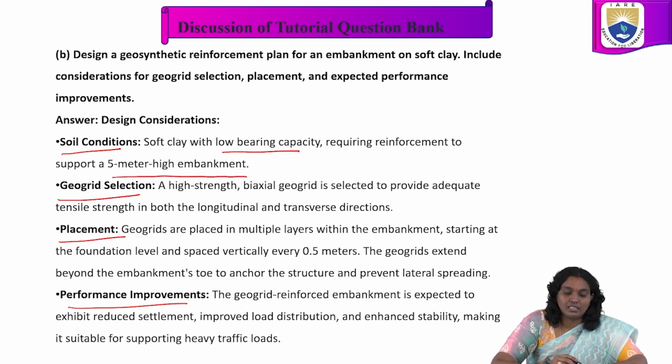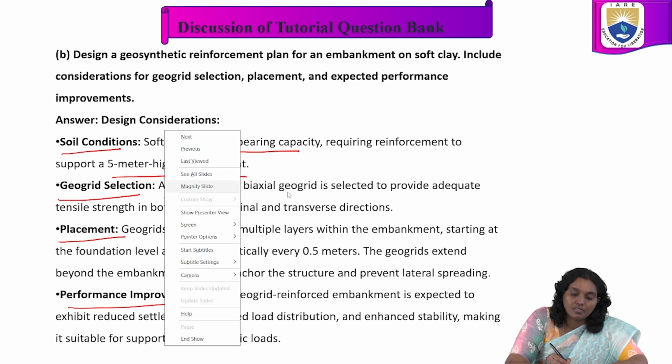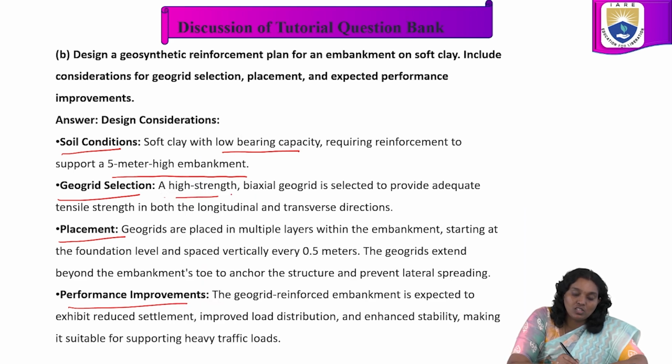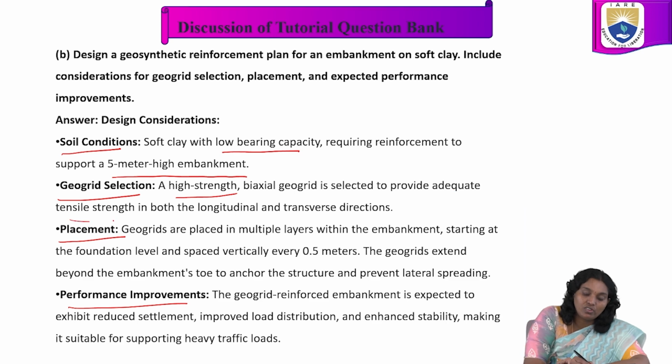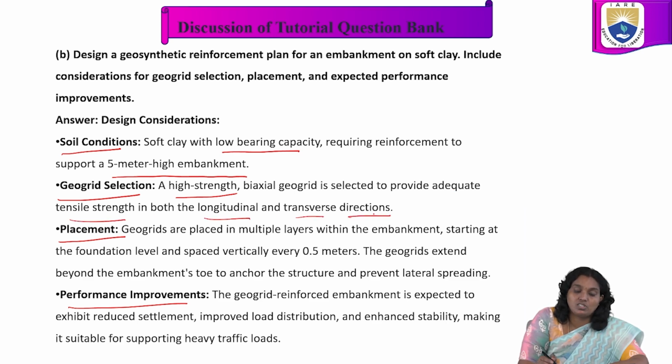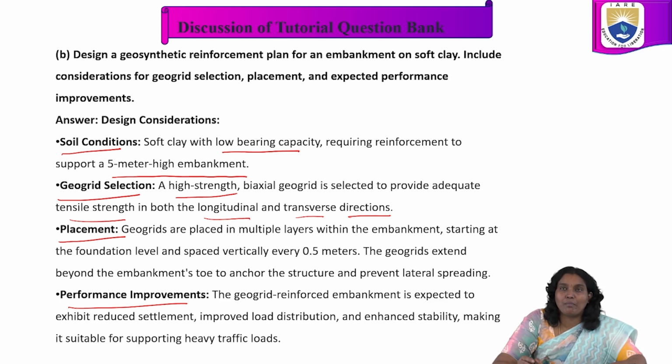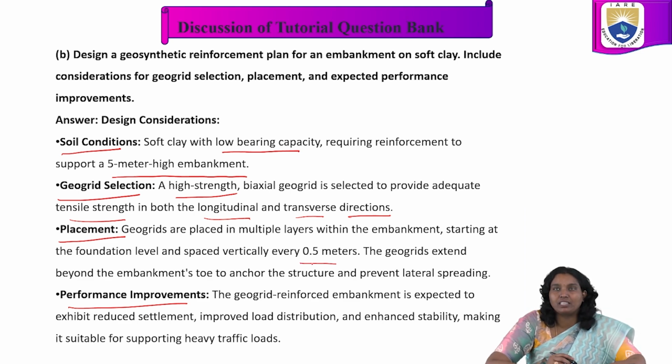Geogrid selection: a high-strength biaxial geogrid is selected to provide adequate tensile strength in both longitudinal and transverse directions. Placement: geogrids are placed in multiple layers within the embankment, starting at the foundation level and spaced vertically every 0.5 meters.